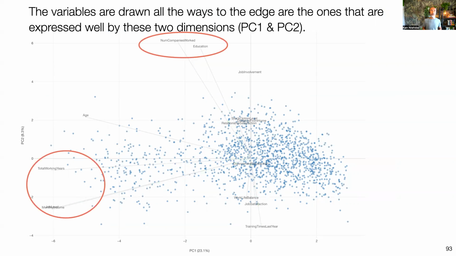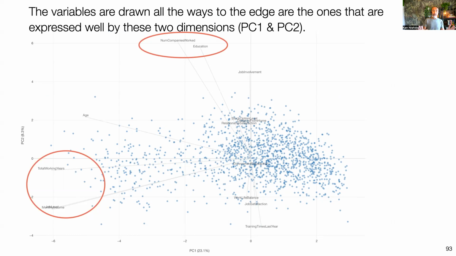The variables with longer lines are the ones that can be expressed by this PC1, PC2 two-dimensional space. On the other hand, when the variable lines are shorter, those are not fully expressed in this two-dimensional space as much as the longer ones.